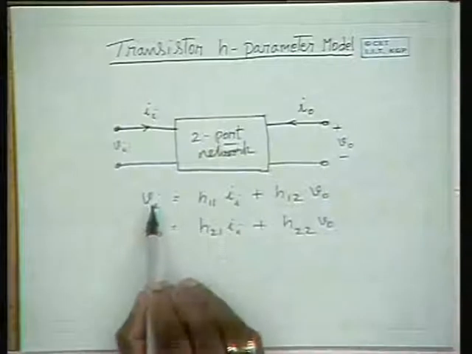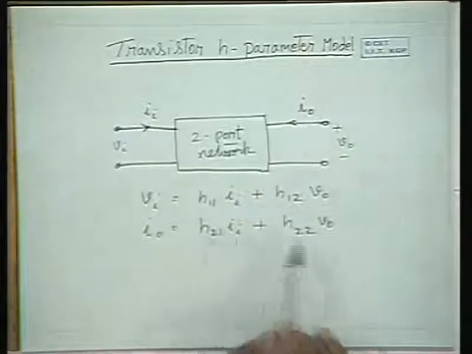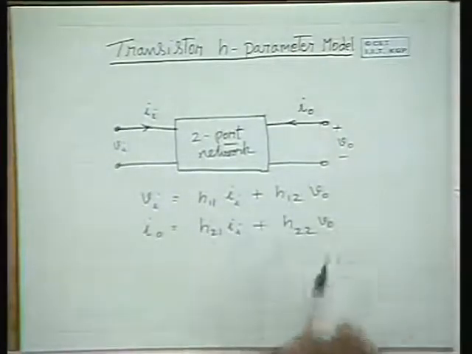So that's why this Vi is given as a linear function of Ii and V0, and similarly I0 is given as a linear function of Ii and V0 here.